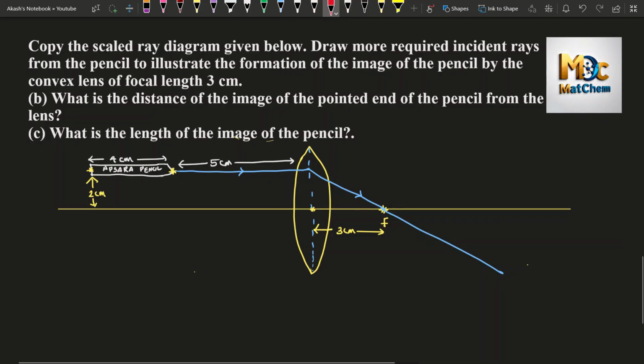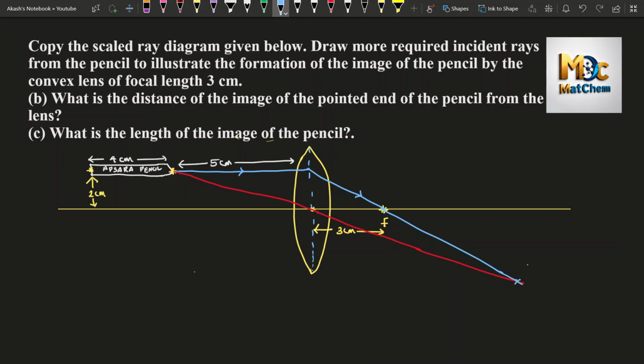The second ray: any ray passing through the optic center of the lens will not undergo any refraction. So if you consider a ray like this, these two rays are meeting at this particular point.